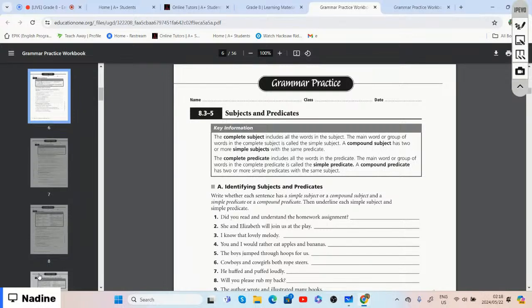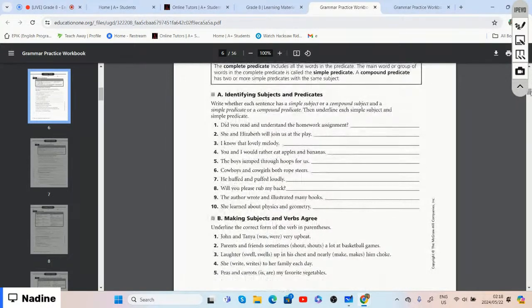So we're going to now identify subjects as well as predicates, right? And when we identify subjects and predicates, it says write whether each sentence has a simple subject or a compound subject and a simple predicate or a compound predicate.